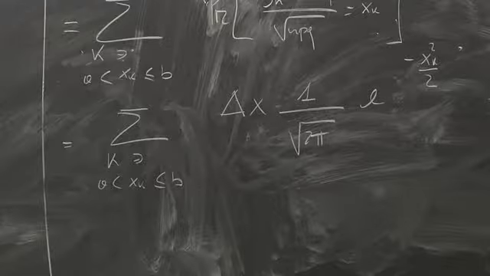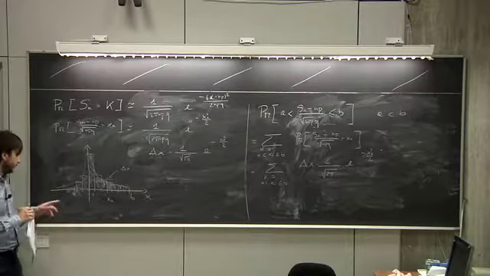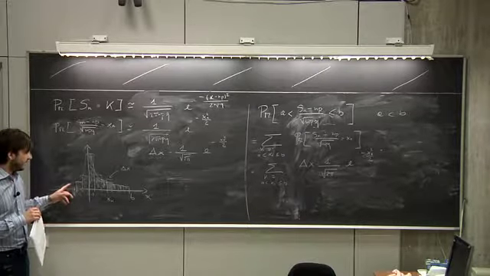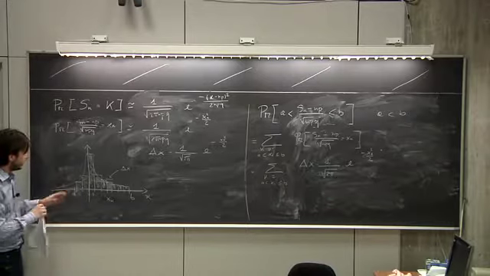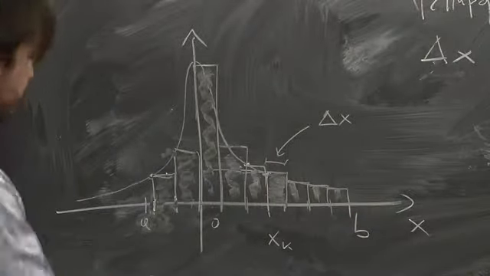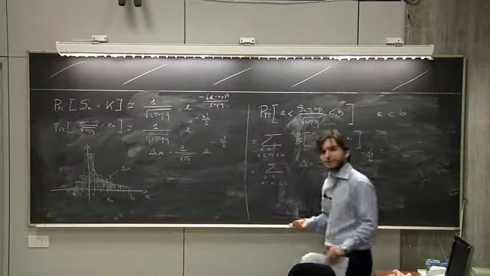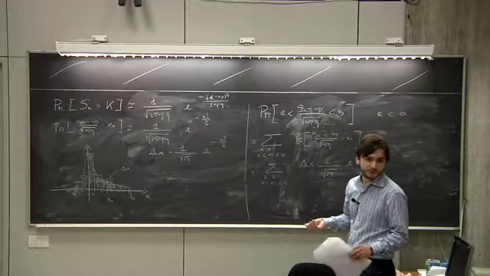Now, if you let n approach infinity, this approximation will be better, and at the end, you will get exactly the area of the Gaussian curve, starting from A to B. In fact, this is exactly the definition of the Riemann integral, right?